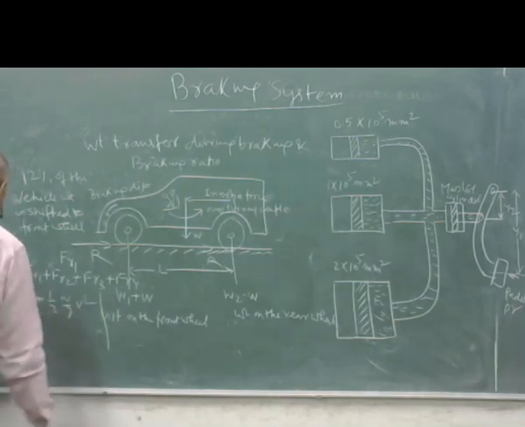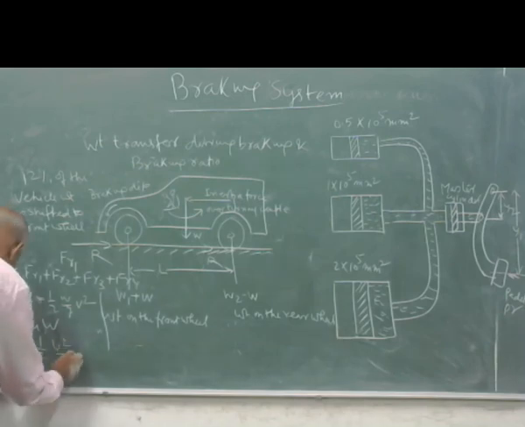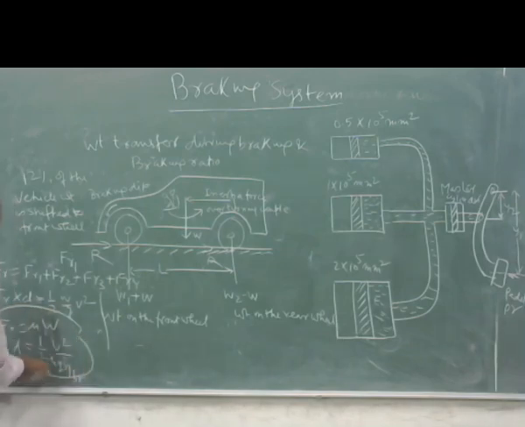Already I have given this formula. And FR is equal to mu into W. So I am directly writing the value of D as half V square upon mu into g. Already I have derived this formula earlier.